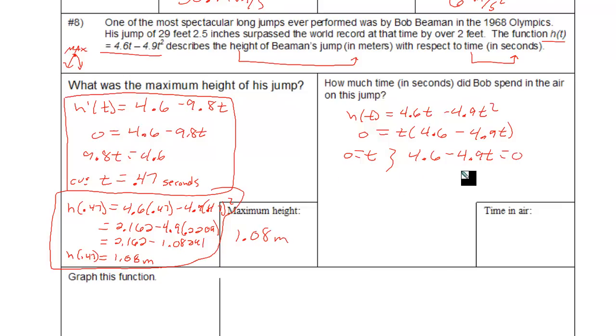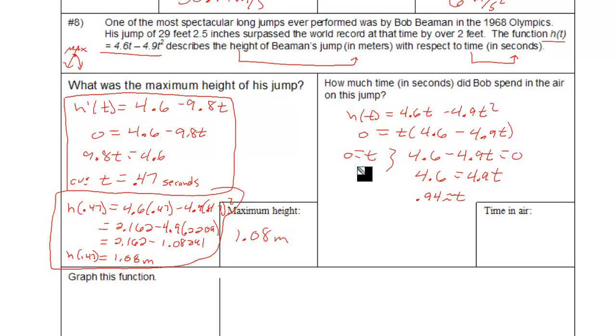This one's already solved. T is 0. Here, if we add 4.9t to both sides, divide both sides by 4.9, you get t is about 0.94.